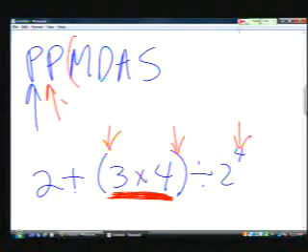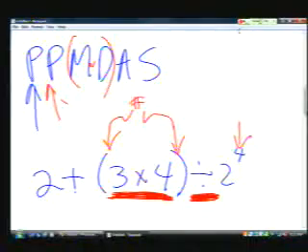Then the multiply, this is actually multiply or divide in order from left to right. So you just take it from left to right, multiply or divide. So the next thing that we would do is this division right in here. The first thing is everything inside of these parentheses.